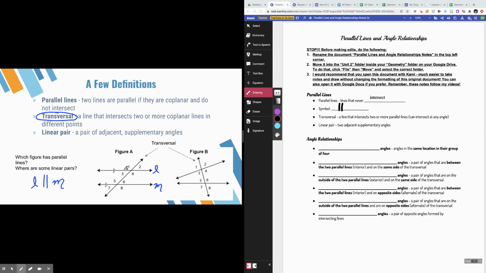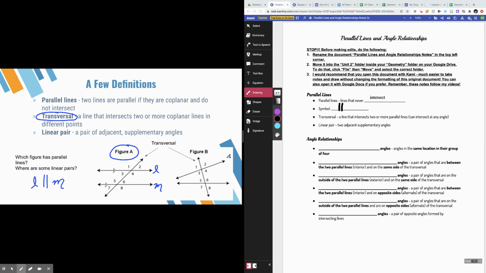So a transversal can intersect two lines that are parallel, like these two lines. So lines L and M in figure A are parallel, and we can have a transversal that's cutting through them, okay? Or it can cut through two lines that are not parallel.